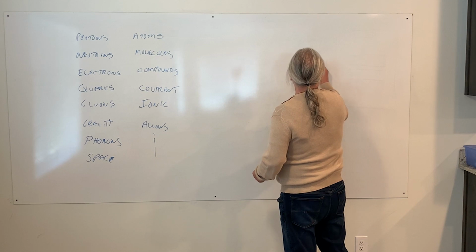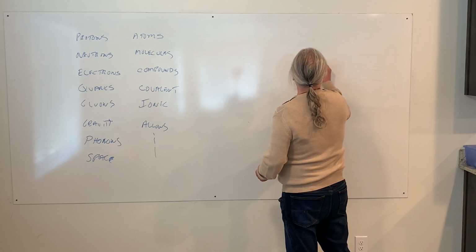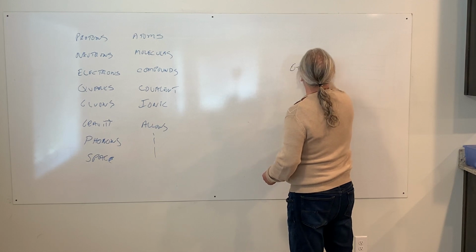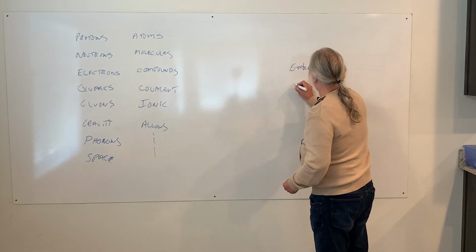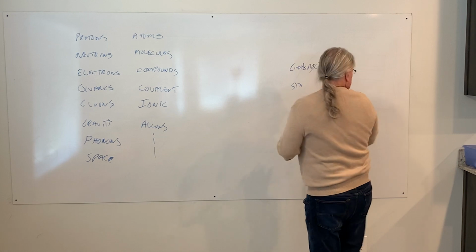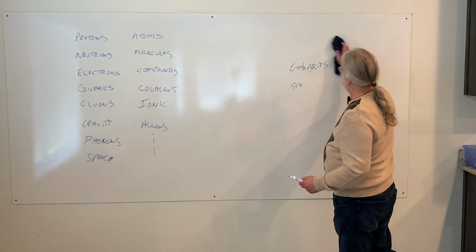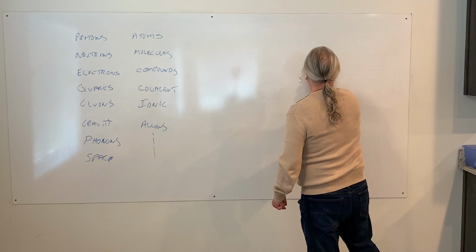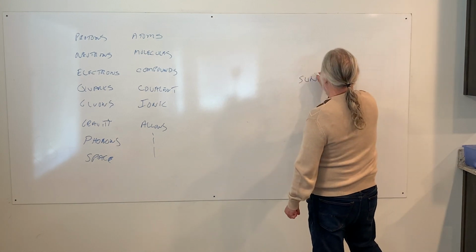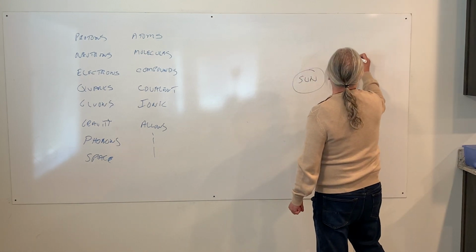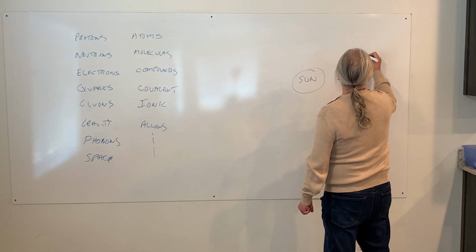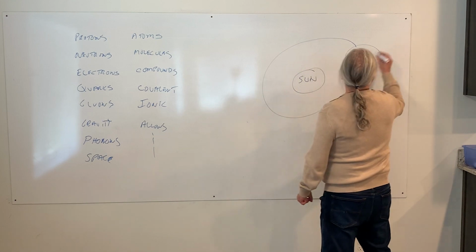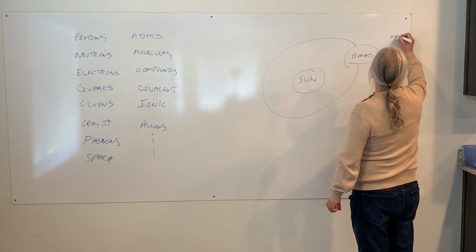Galaxies contain stars. Let's start with our sun, actually. We have the sun, and then we have these orbitals, planets. And then we have moons.